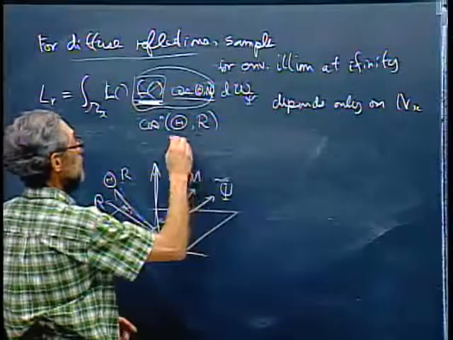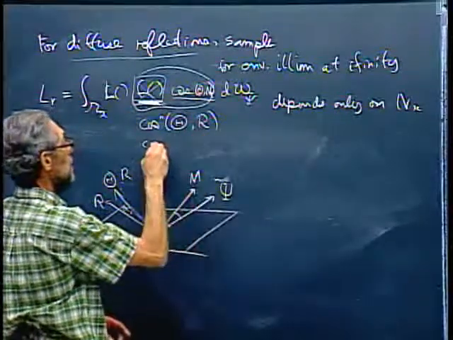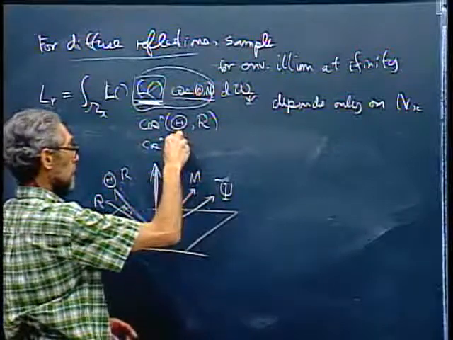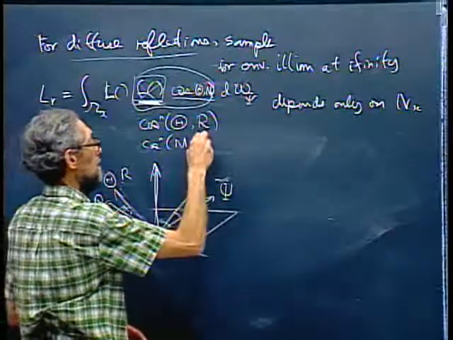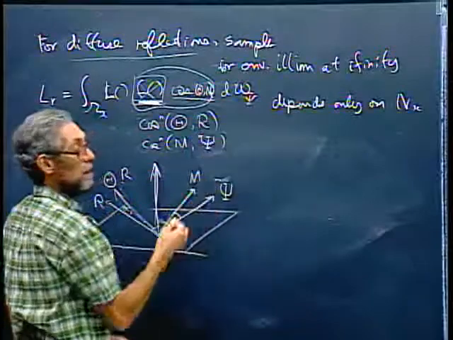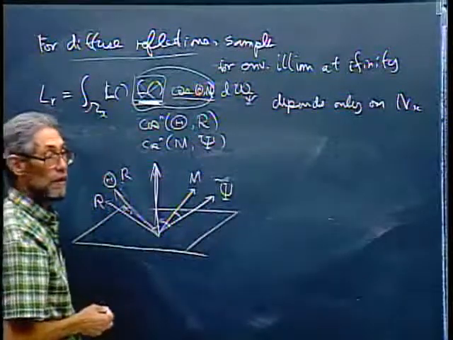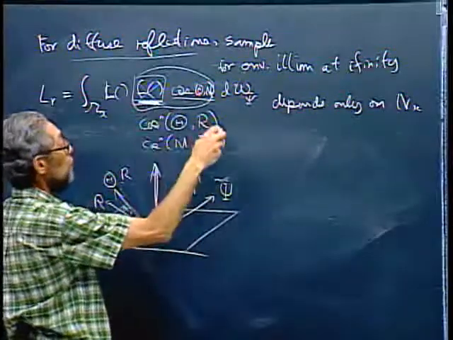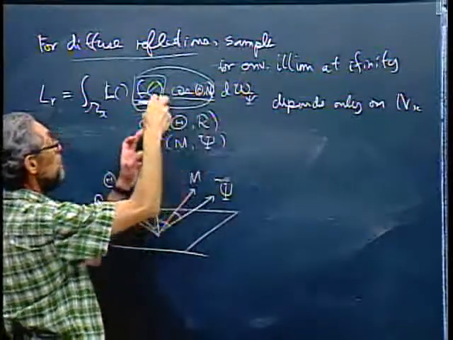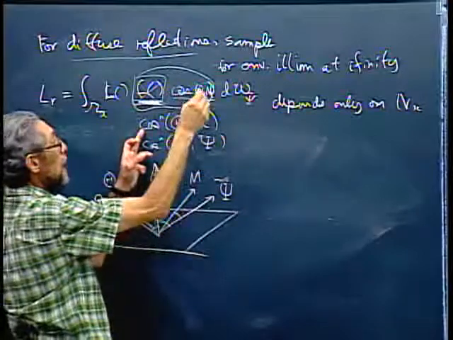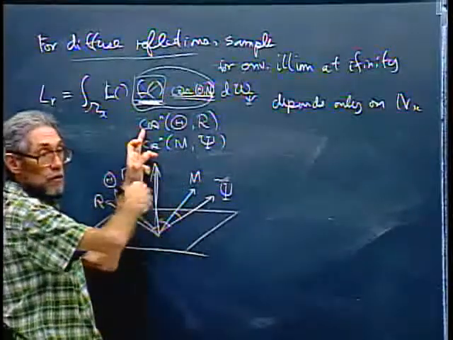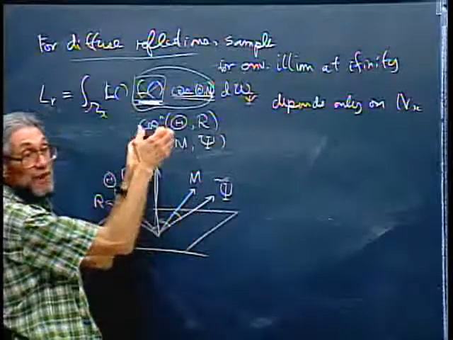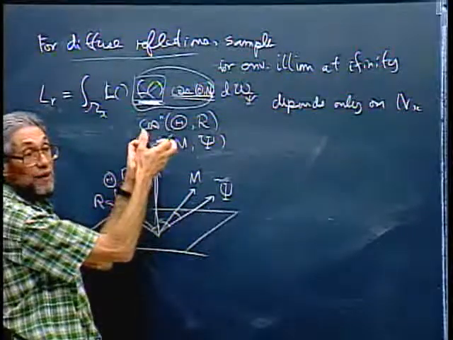So instead of thinking of cosine of this direction, we can think of cosine to the n of m and this incoming direction. Now, in Phong's formula, the BRDF is this cosine divided by this cosine, your foreshortening factor, because in Phong's shading formula he didn't have that foreshortening factor as part of the formula.